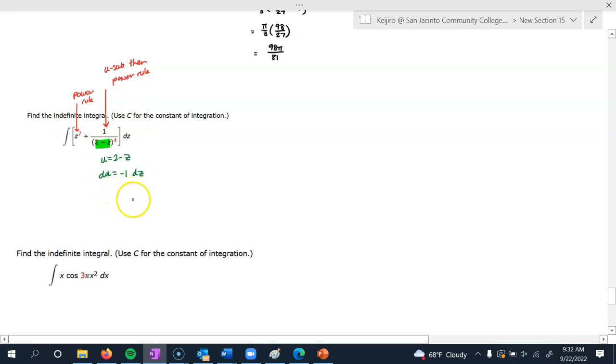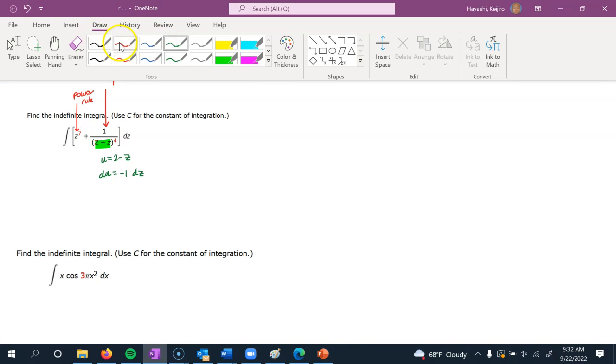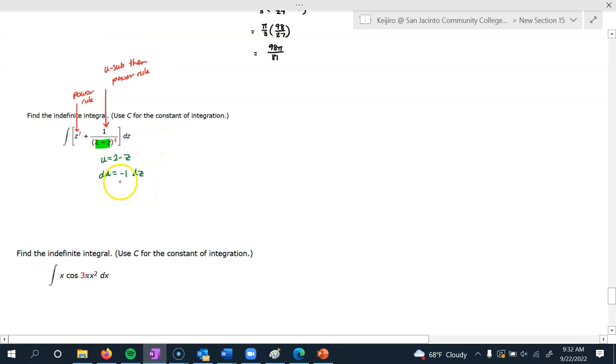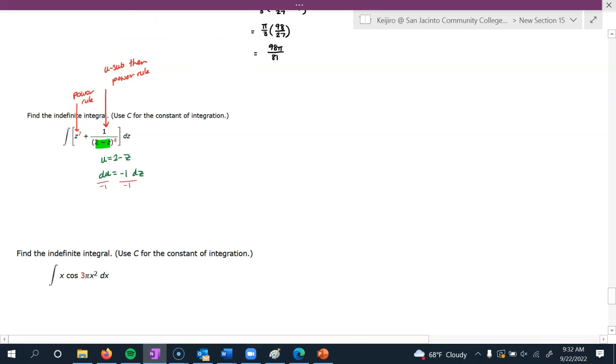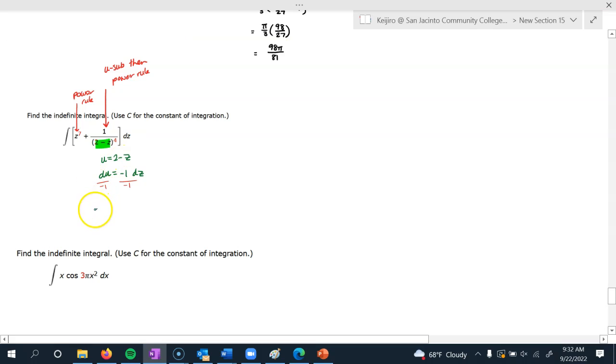But if that's the case, then you can also just say negative du is dz. You can also do some weird thing where you put a minus in front of the term and then a negative on the top of the term, but it's going to be the same result either way.